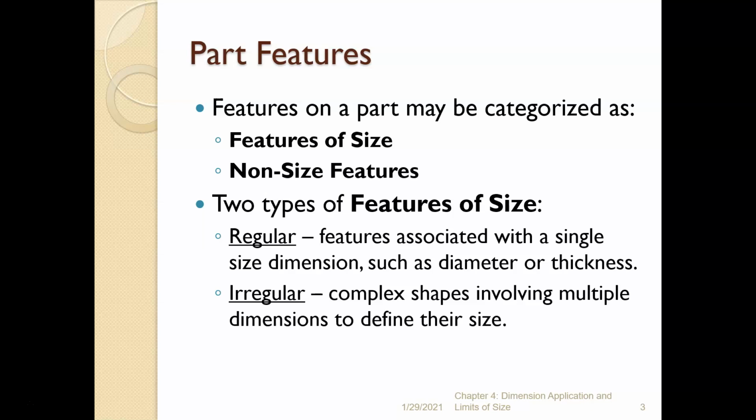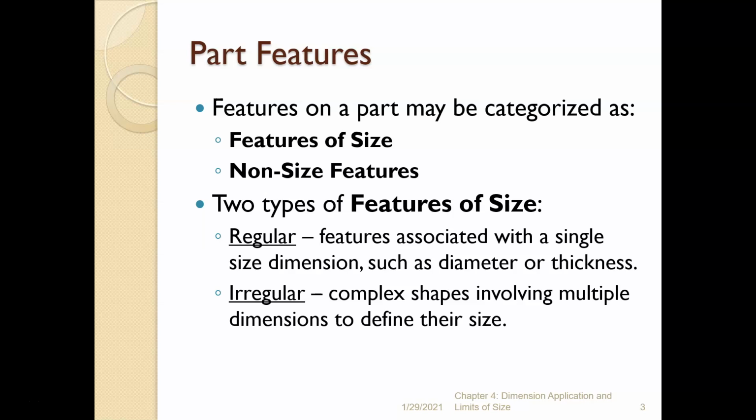A feature of size is basically a feature that we can touch. That is to say, it has diameter or depth or thickness. So a feature of size has diameter, like a cylinder. A hole would also be a feature of size because it has a diameter as well.